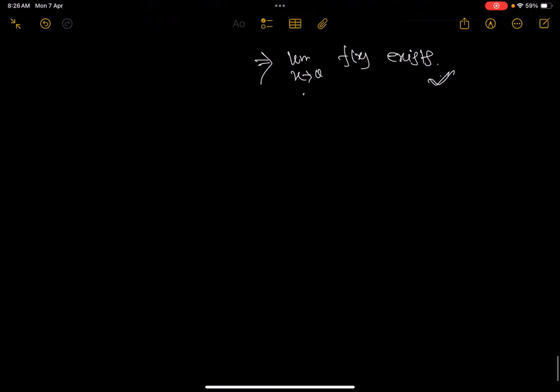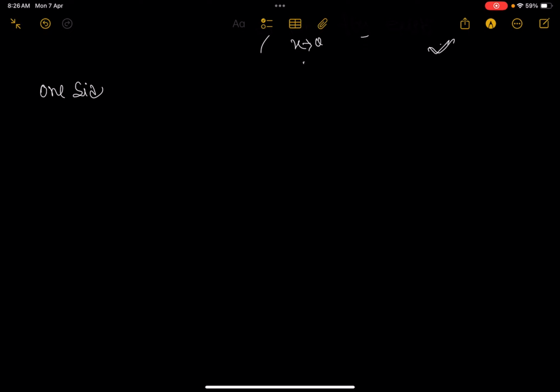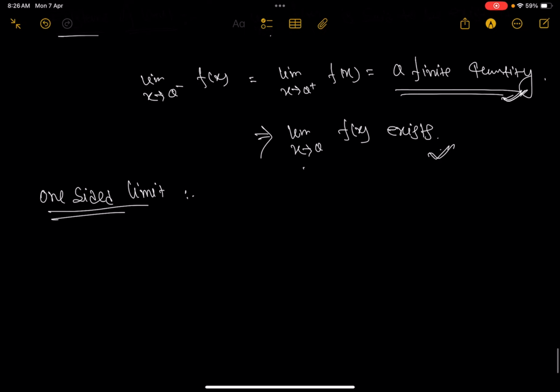After that we discuss the one-sided limit. What is a one-sided limit? Of the right hand limit and the left hand limit, one of them exists and the other does not exist, then this is called a one-sided limit.